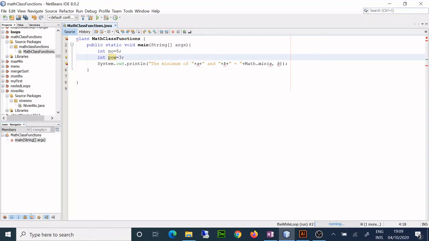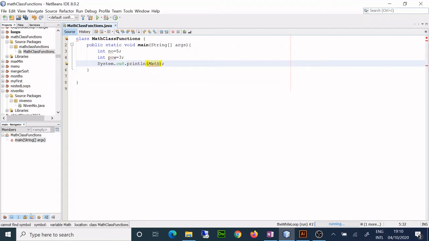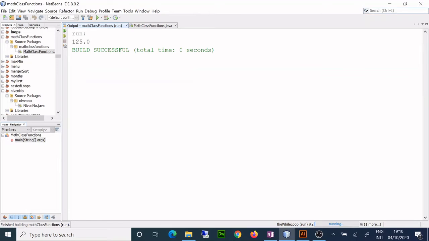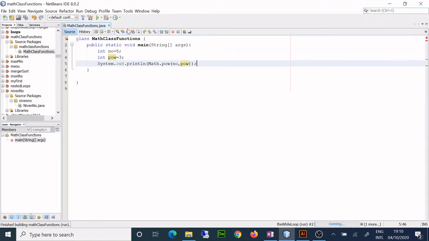I'll write Math.pow of number and power. So when I run, what does it do? See that, 125. That is the cube of 5, as my power is 3. So 5 to the power 3 is 125.